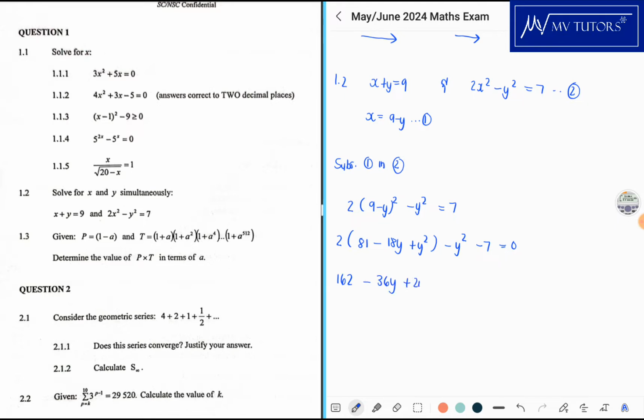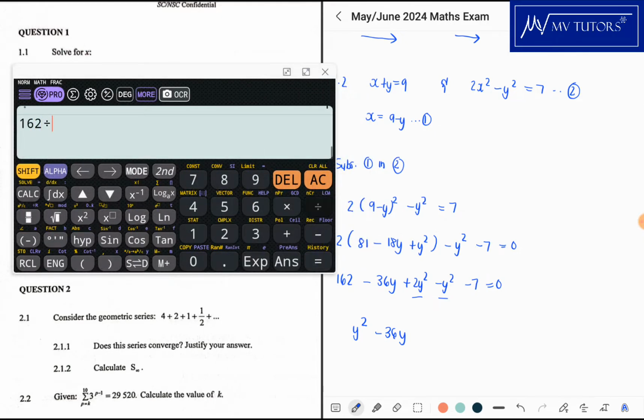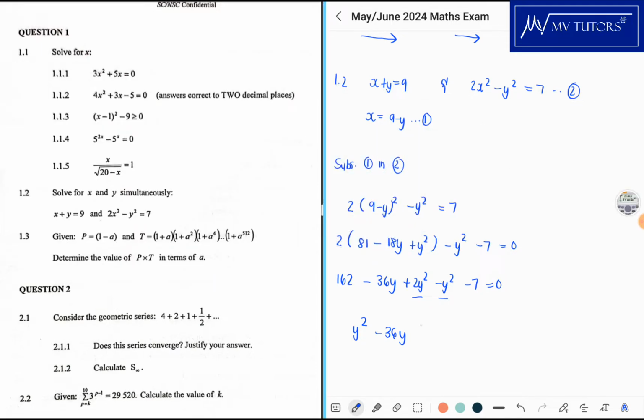And then we have 2y squared minus y squared minus 7 is 0. So I'm just going to highlight the like terms. So 2 minus 1, I have y squared remaining. And then 36y is there by itself. And then I have 162 minus 7. So in this case, I'm going to use the calculator. I can work it out, but let's just be certain. So it's positive 155, and that's equal to 0.